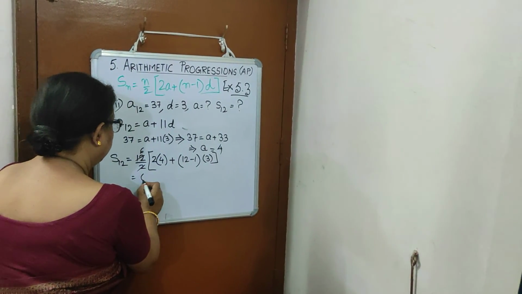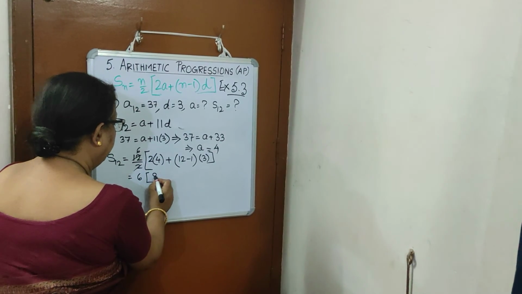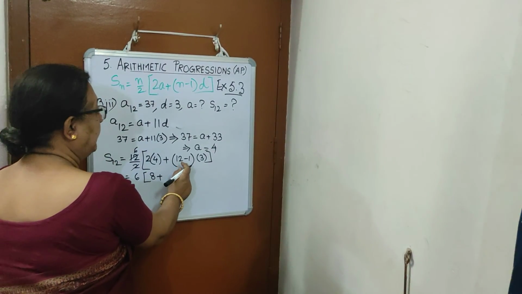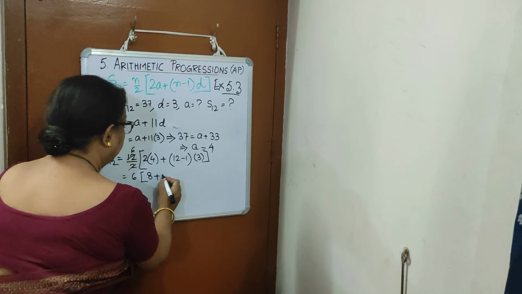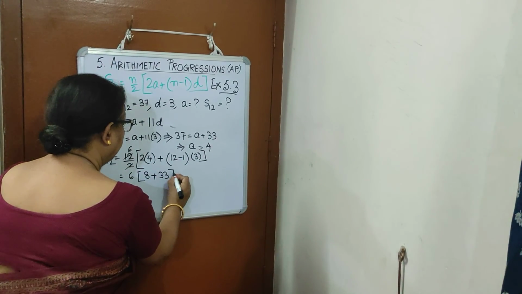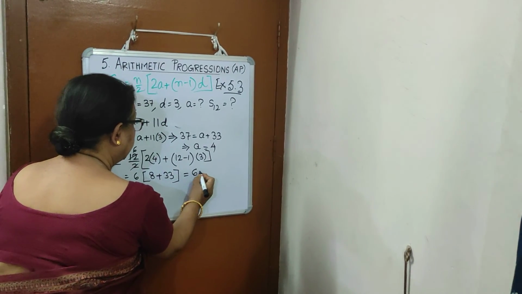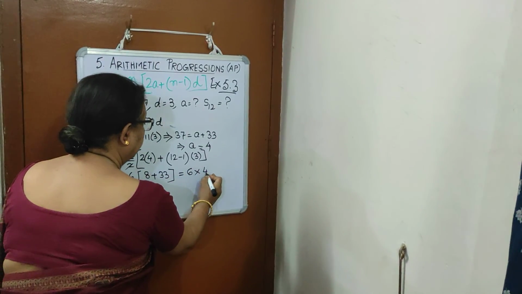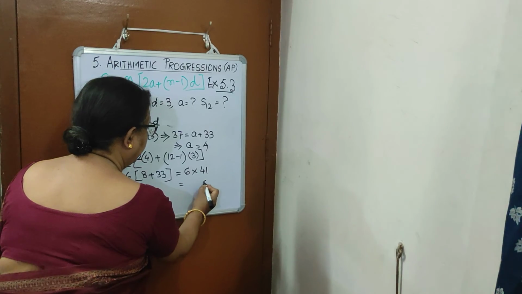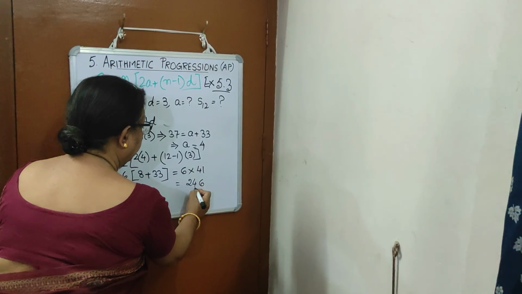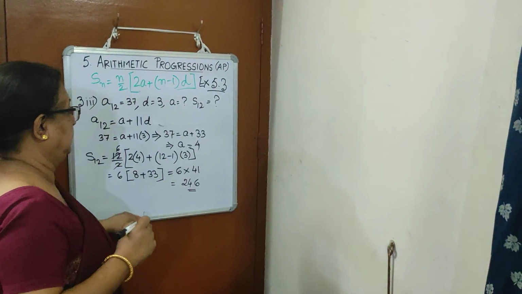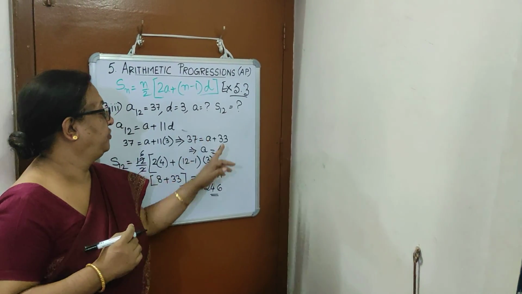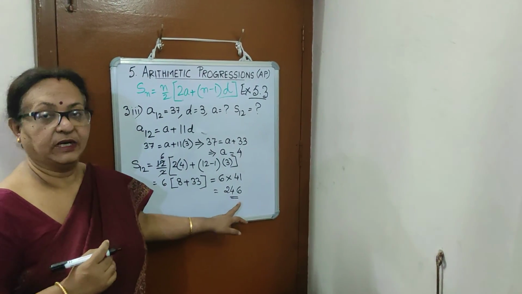So you have 6, 8 plus 12 minus 1, 11. 11 into 3, 33. So this is equal to 6 into 33 plus 8, 41. So you multiply, you get 246. Okay, so the sum of 12 terms is 246.